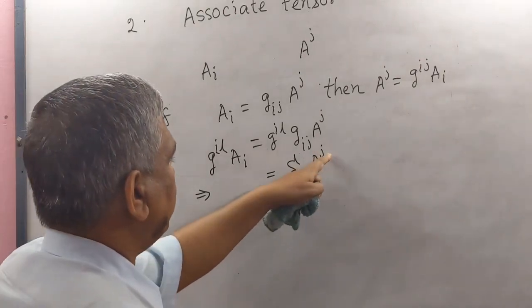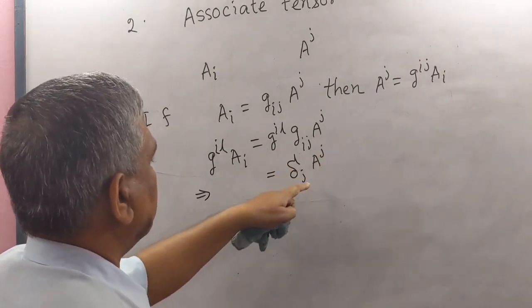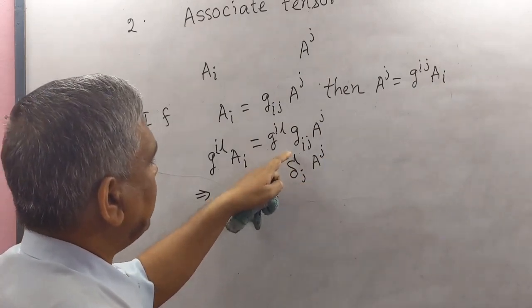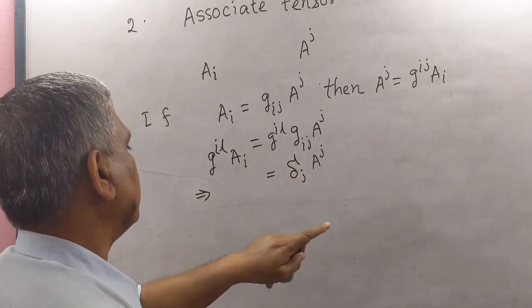Here j is a dummy suffix, so if you take j equal to l, then this will be 1, otherwise 0.